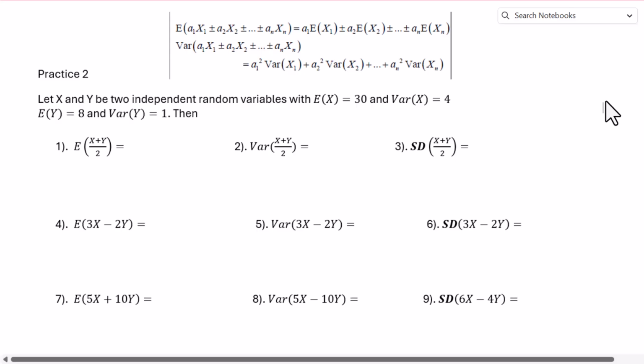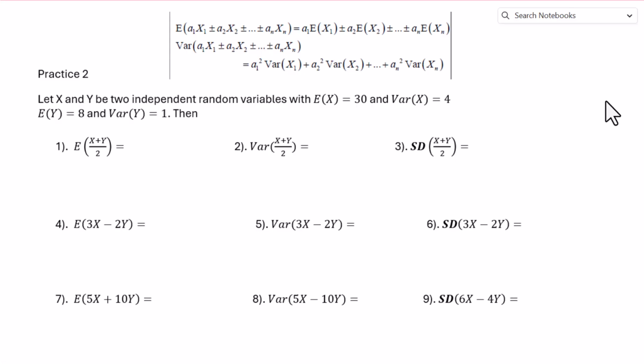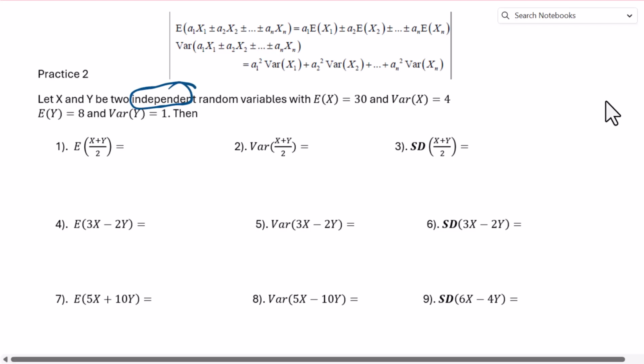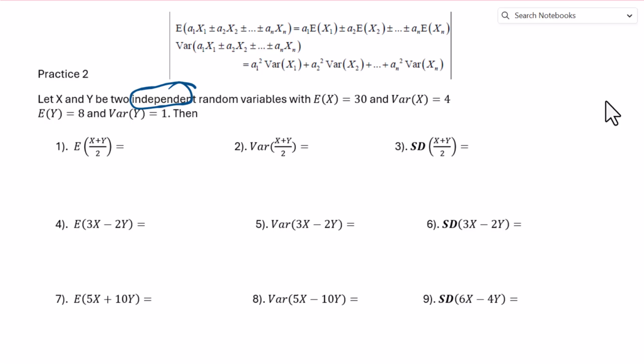Let's go to practice 2. Let X and Y be two independent random variables with E of X equals 30 and variance of X equals 4, E of Y equals 8, and variance of Y equals 1.